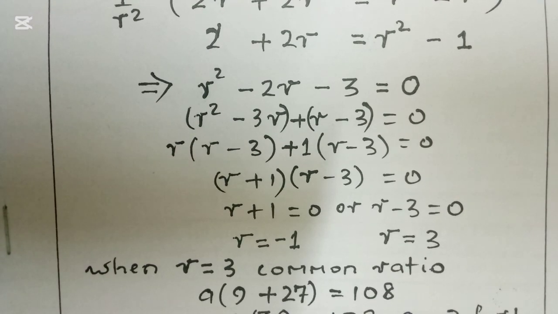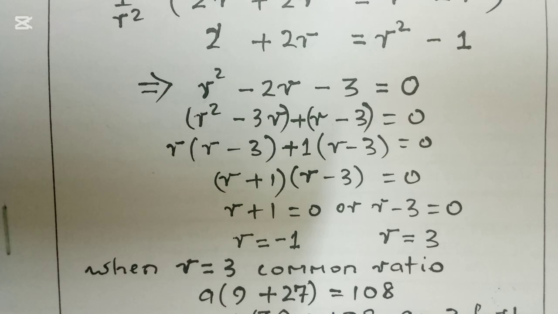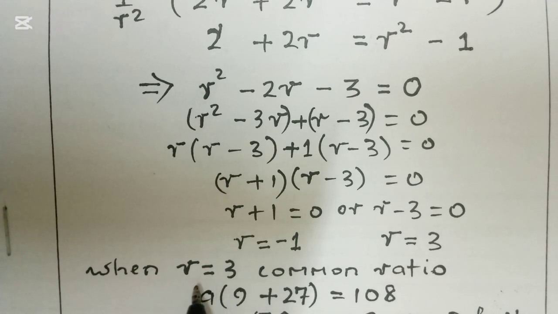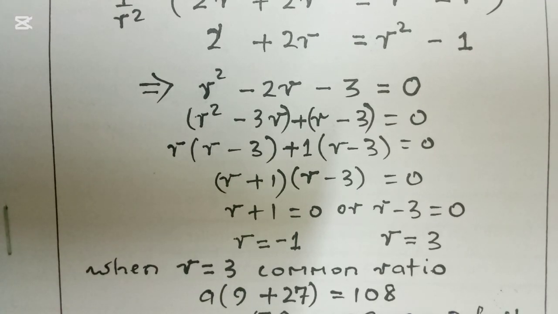So guys, as you can see here, we have a problem, because this is going to give us 0. So this one will not be possible, because it means that this equation has a positive common ratio and not a negative. Because if you look at this question, here we get 0, so we cannot know what our a is, because we are supposed to get 108. So this one is not possible.